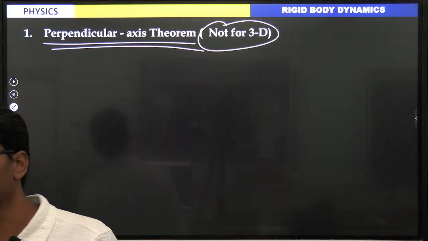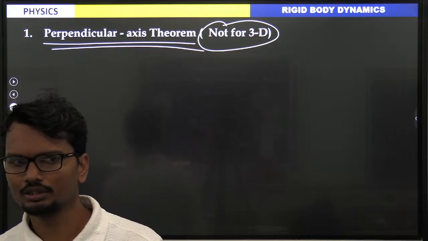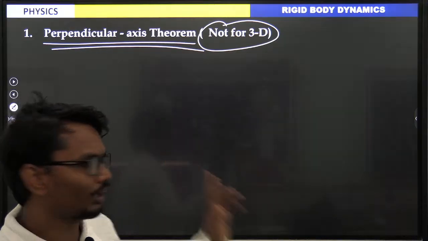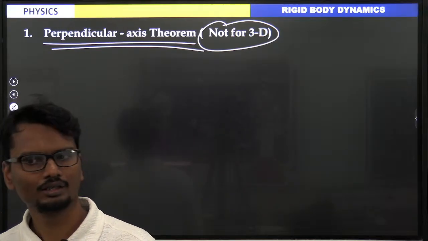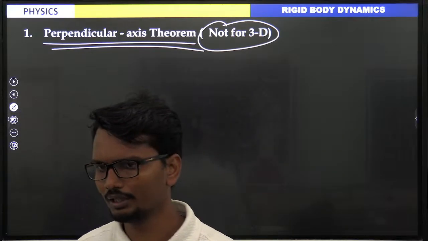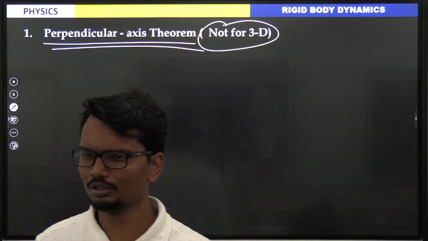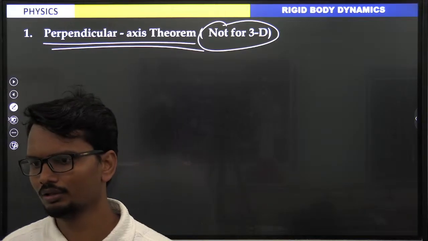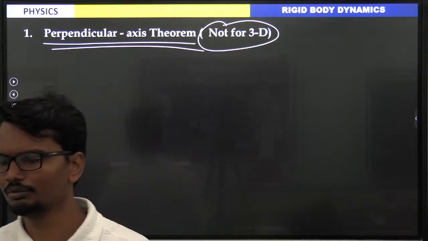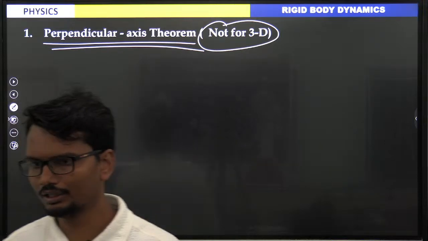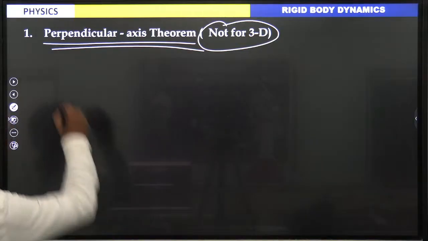For these types of objects, we do not use this. We use this theorem only for ring, disc, a square sheet. Clear? Means geometrical figures having only 2D shape. Ring has a 2D shape, disc has a 2D shape, and a square or rectangular sheet has a 2D shape. So we can apply this theorem for 2D objects.